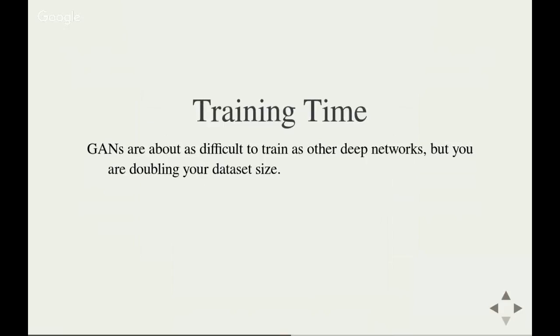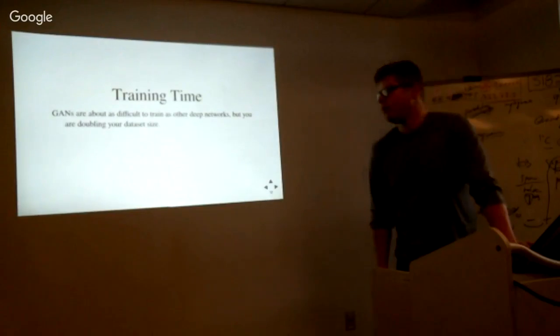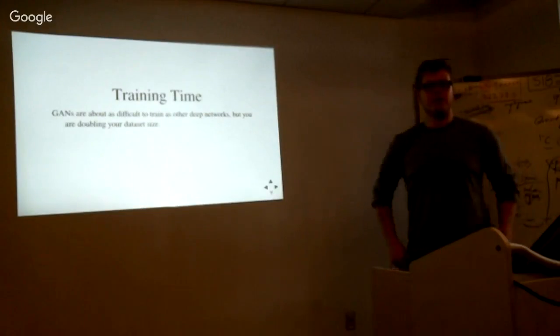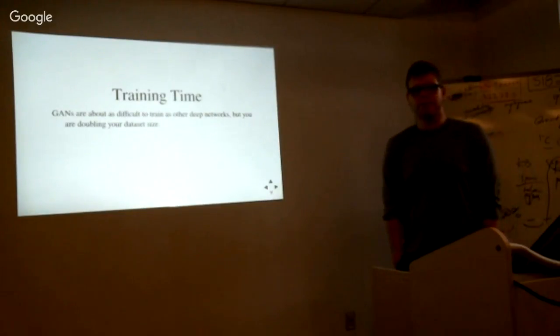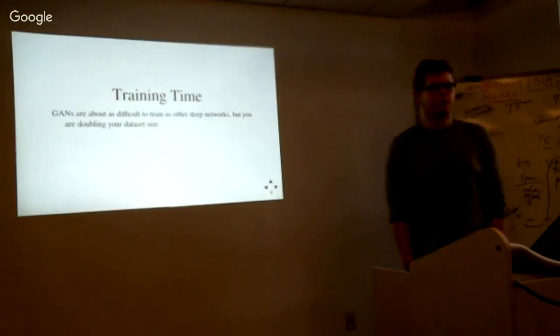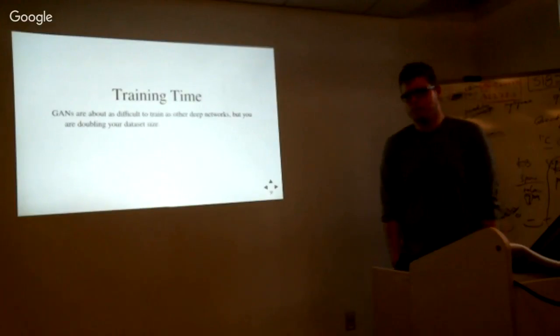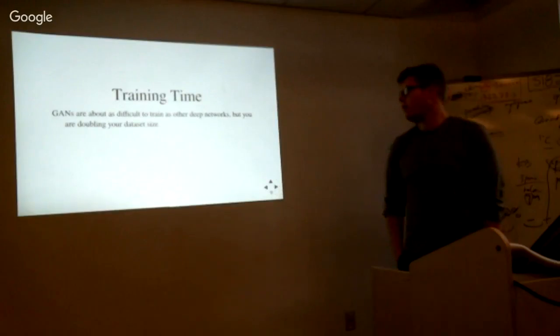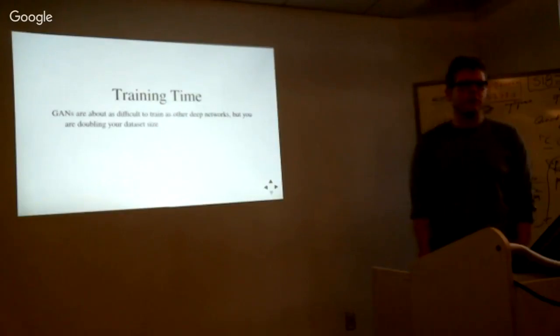So in terms of how complex these things are, how difficult they are to train, it's about as difficult to train as other deep networks. Because you have a generator and a discriminator, maybe you have more parameters than you would in just training a discriminator. But one of the biggest things is that you're essentially doubling your data set size, right?